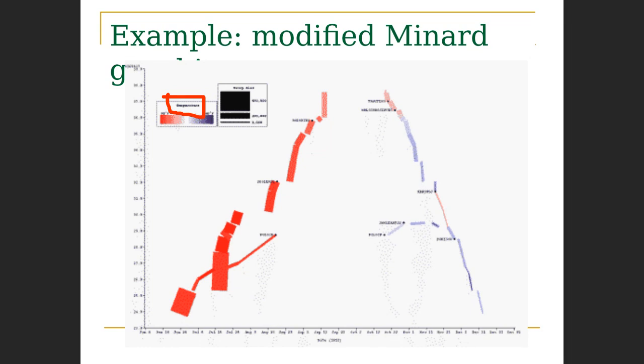In business, if it's negative, how do you represent a negative dollar value? Red. You're in the red. So if it's positive, it's blue. Now, in temperatures, it's completely opposite.